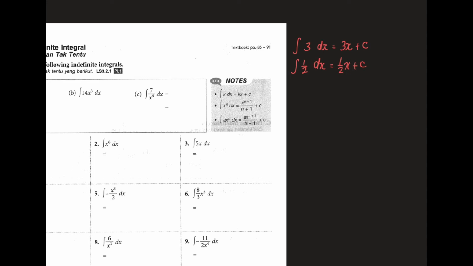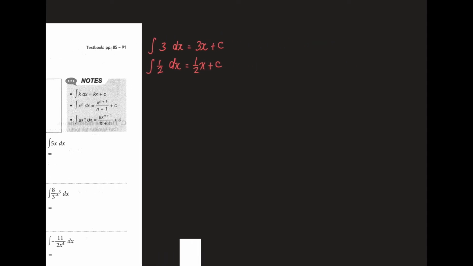Of course, you may think of differentiation that we learned last time. Actually, it's just the other way around. If you differentiate, for example, 3x plus any number, 3x plus 4, your dy/dx is 3.